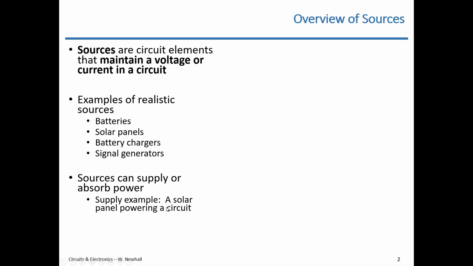But that solar panel would be supplying power to a circuit. Okay. Sources can also absorb. For example, a battery is a source, but if it's a rechargeable battery, you can charge that battery, and so that source is now absorbing energy, absorbing power.